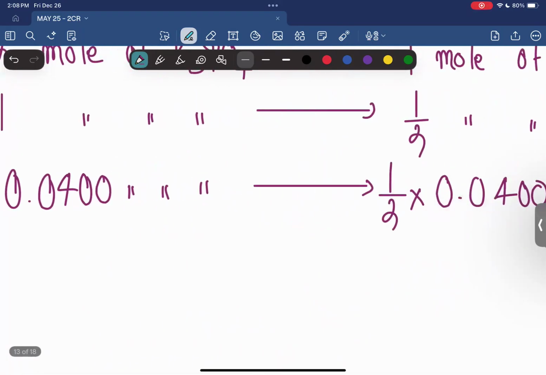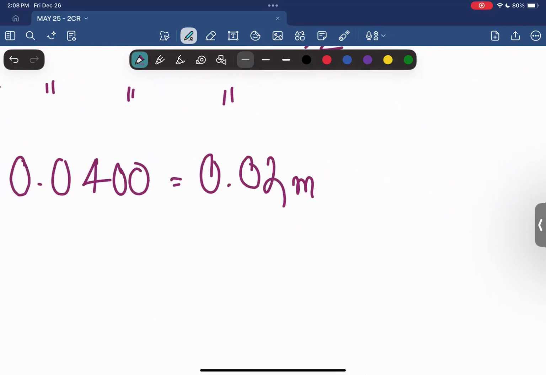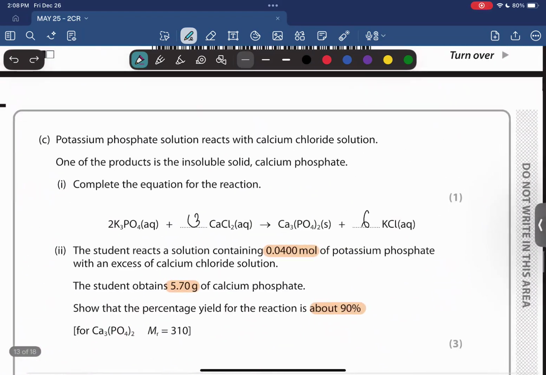This should give you 0.02 moles. Now this is the mole of what? This is basically the mole of Ca3(PO4)2.